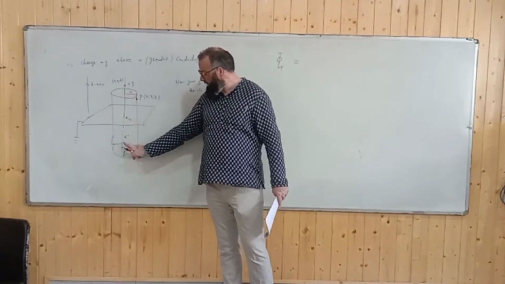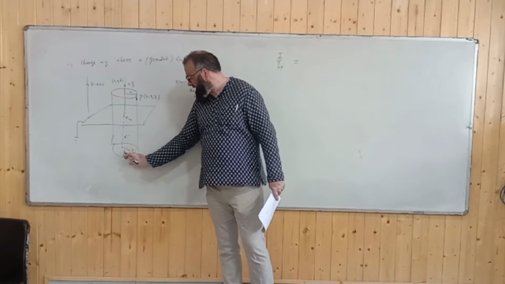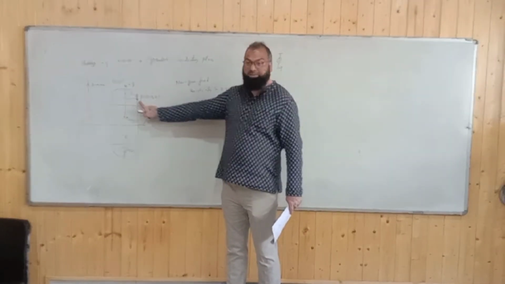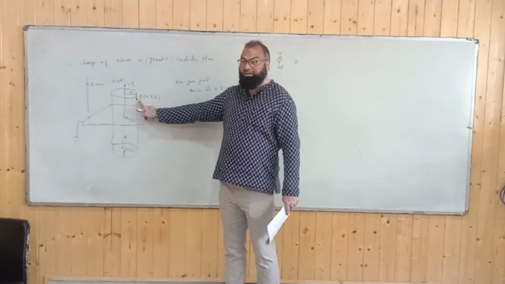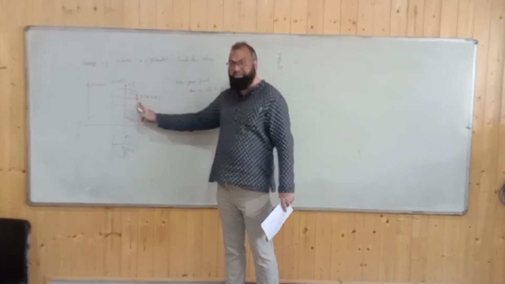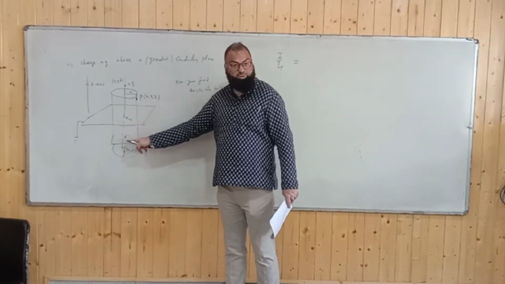Simply plus q here and some q prime here. Let's calculate the potential at this point P. I can write q divided by the distance between this point and this point, and then q prime divided by the distance between these two points.